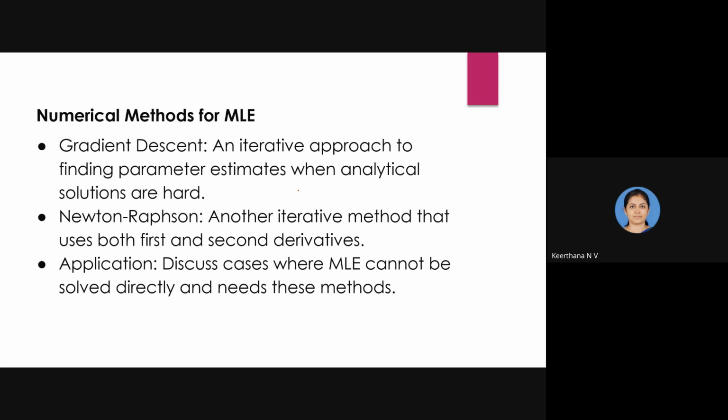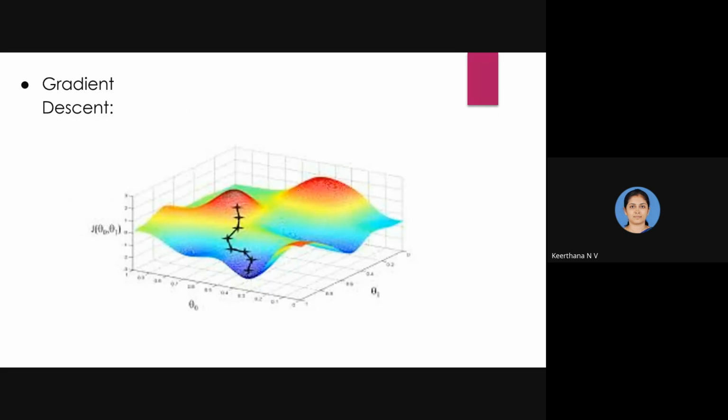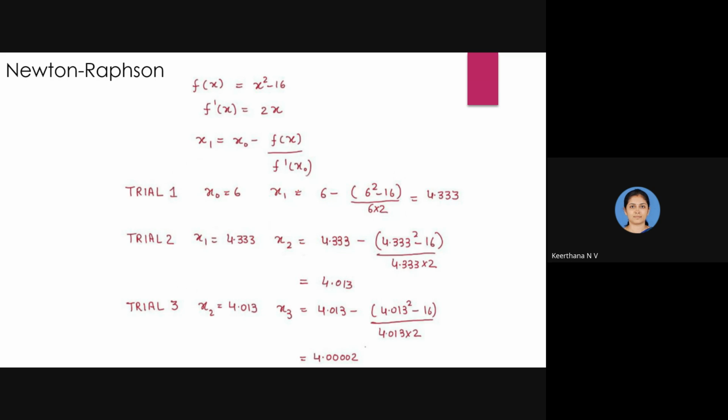So it will go seamlessly with the frequentist approach only. So this is the gradient result. You will be designing like this. And Newton-Raphson means you will be calculating using mathematical formulas by taking the function f dash of x. It means Newton-Raphson is generally a trial and error method only. So this is one example.